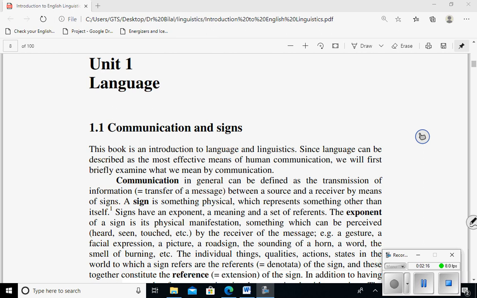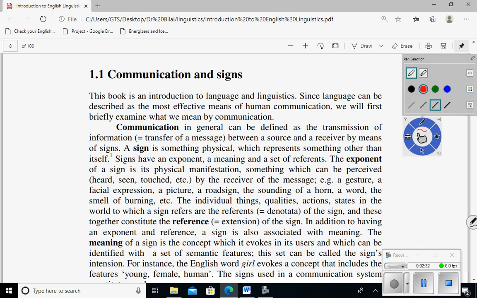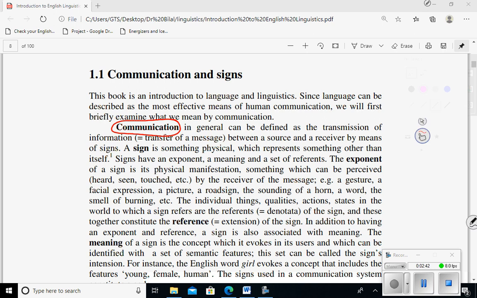So today we are going to talk about the language in general, and as you can see in front of you here, we can see that in communication and science, what is meant by communication in general can be defined as the transmission of information between a source and a receiver, between a speaker and a listener, by means of signs.